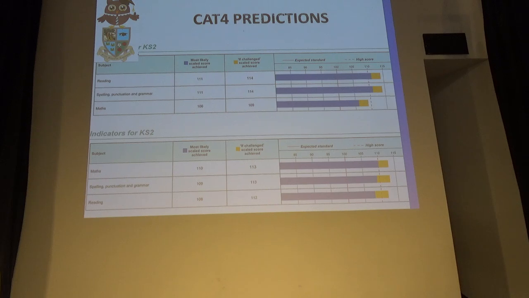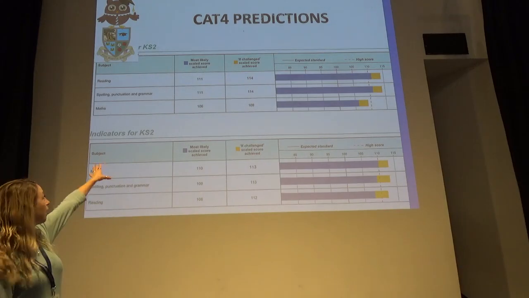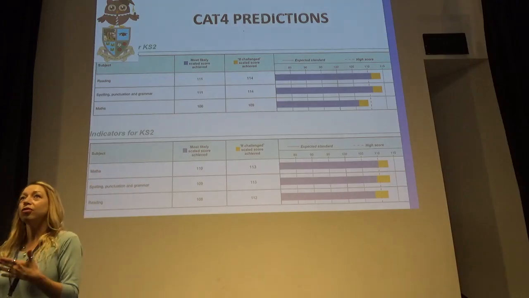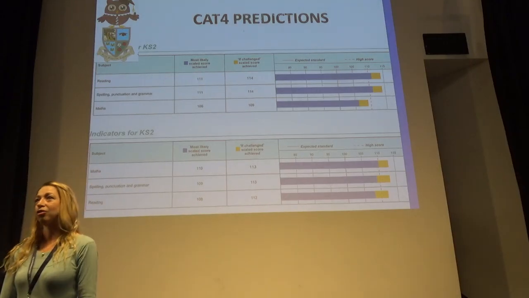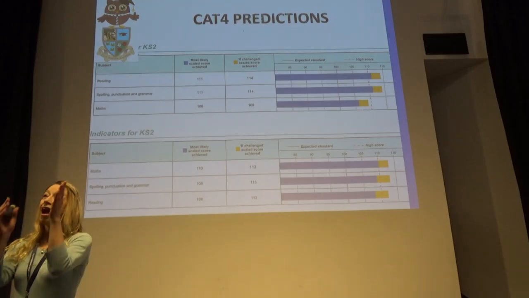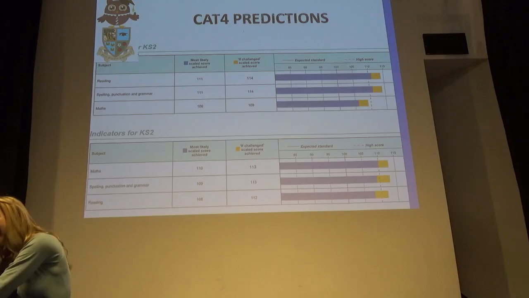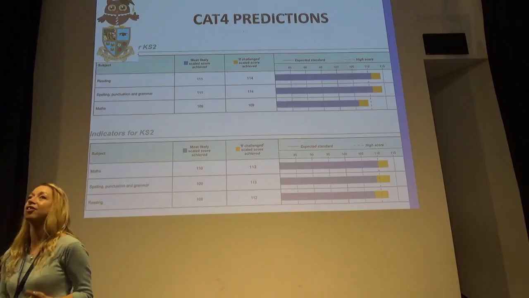So this is some of the information that you will have in the report as well. In primary, it's slightly less useful to have these most likely and if challenge scores, because these numbers here don't relate to the standardised age score. For some reason, the GL assessments have explained to me, and I've forgotten, is they've changed the numbers slightly, so they're not quite comparable to the standardised age score.